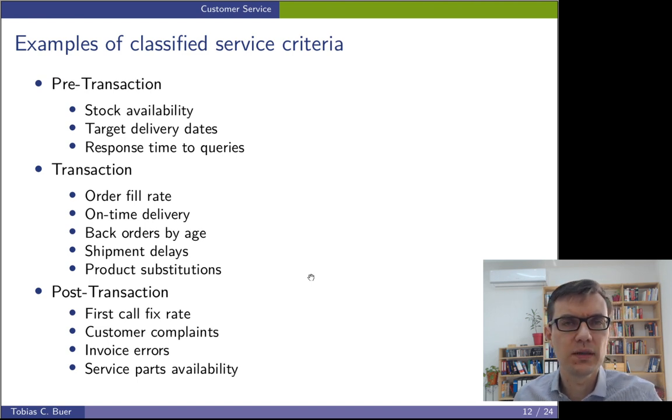After the purchase is done and the product is delivered, the post-transaction services become relevant. If there is a problem with the product and the customer calls your service center, then we can measure the first call fix rate.